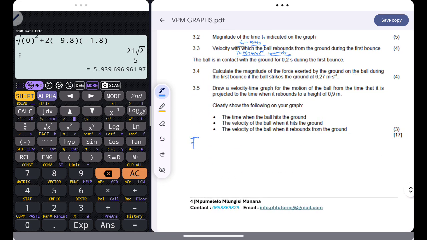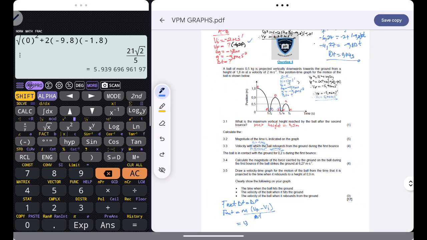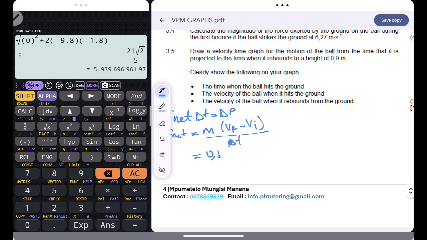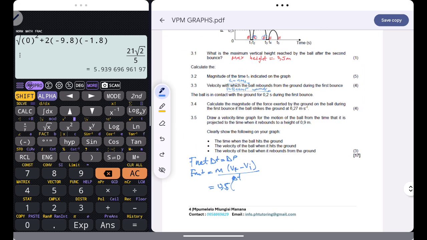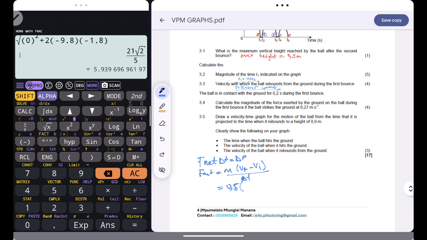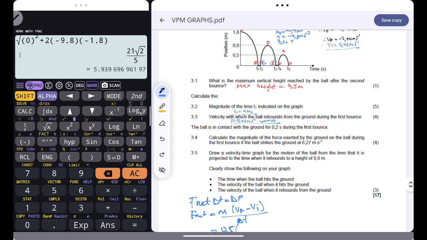Okay. So I'll simply say F net delta T is equal to the change in momentum, and then F net is equal to the change in momentum, m times Vf minus Vi, all over the change in time. The mass of the ball is 0.5 kilograms. The final velocity, the velocity with which the ball, in here guys, we are focusing at position B and C. Ne?